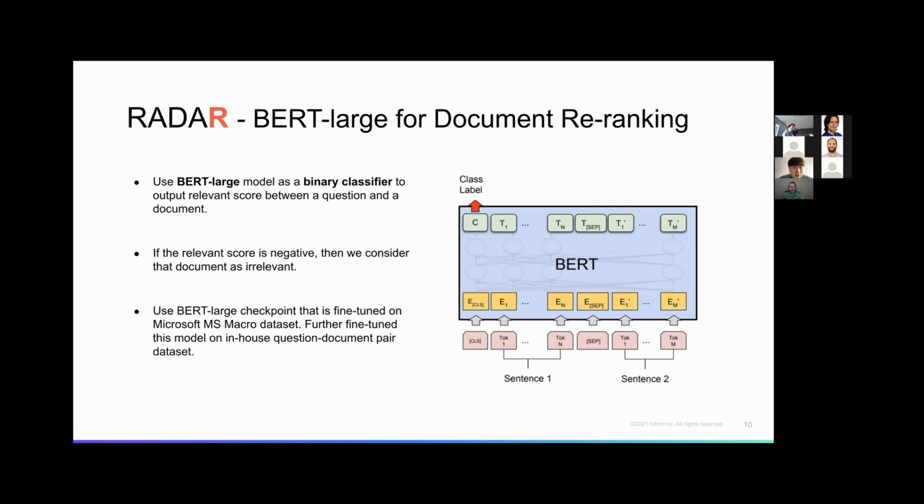Oh yeah, so we use the model checkpoint that's trained on this Microsoft MS MARCO dataset, and then we further fine-tune with some in-house document question pair dataset. But what is the dataset about exactly? This one, the Microsoft dataset. Yes. So, it consists of, I believe, 400 million query and passage pairs.